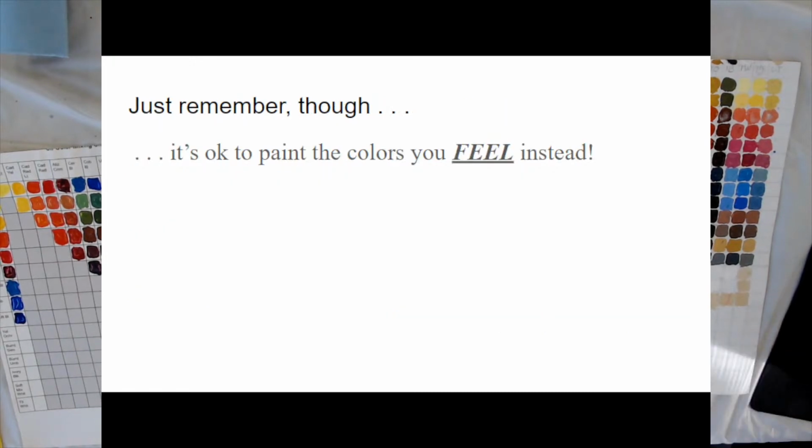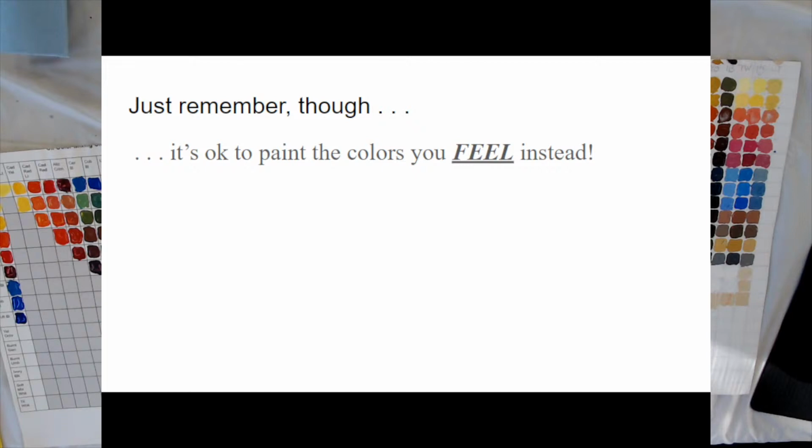But just remember, though, it's okay to paint the colors you feel instead. So the colors that you see in this apple, just know that it's okay no matter what you're working on, whether it's a still life or a landscape or any other subject, a portrait. It's okay to turn up the colors that you see and put yourself into it and your own interpretation.